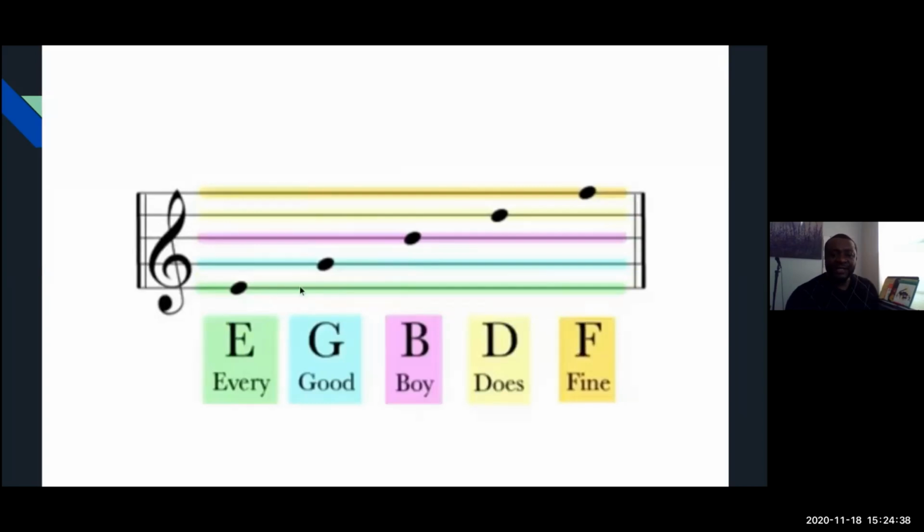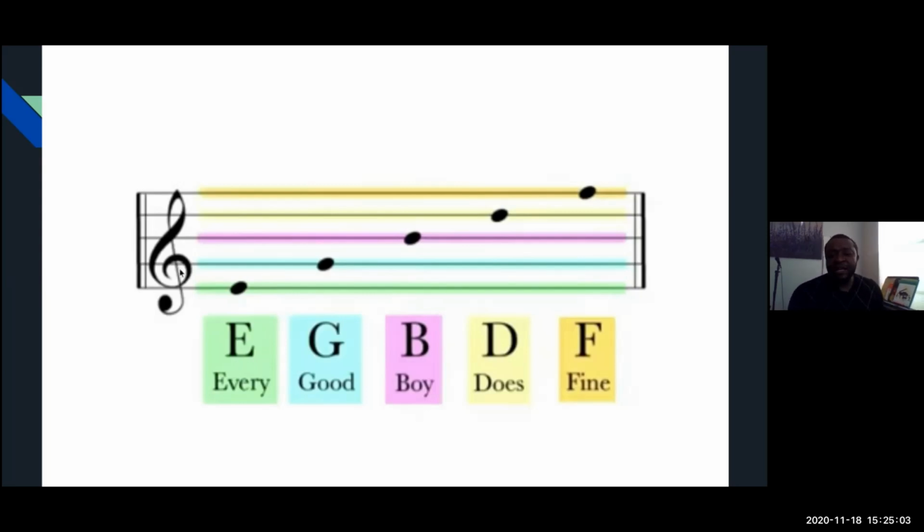All right, so the second line is G. So if you look at your lines, you have E, G, B, D, and F. And once again, you know that that second line is G because your treble clef is marking that second line.